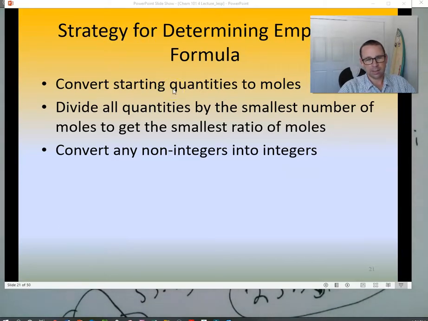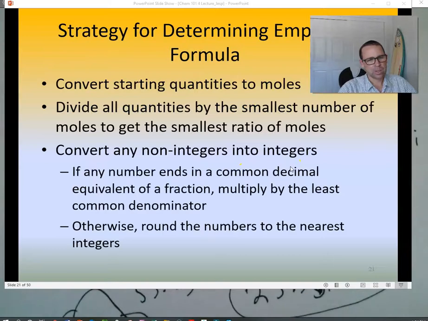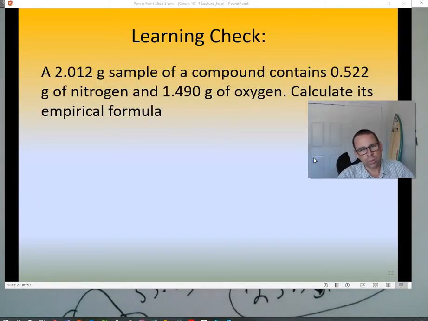And again, the empirical formula is just a ratio of the moles of the different elements in the compound. So, here we go. We have a 2.012 gram sample of a compound, and it contains 0.522 grams of nitrogen and 1.490 grams of oxygen, and we would like to calculate its empirical formula.